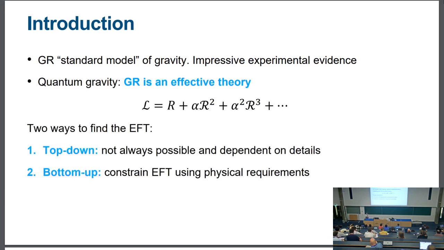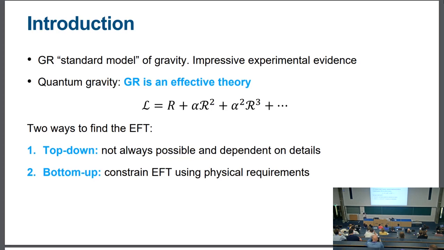There are two ways to study effective field theories. You can do this from a top-down approach, where, for example, you take string theory, dimensionally reduce, and then maybe study it via T-duality, S-duality, and so on.